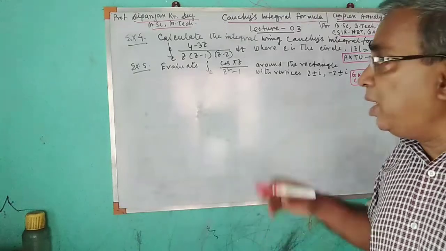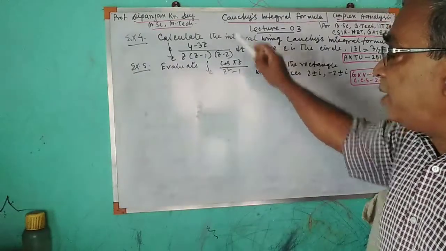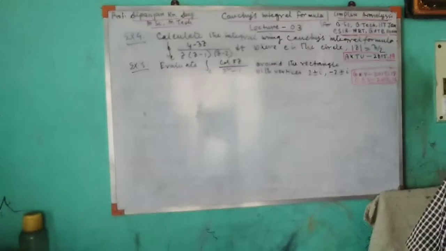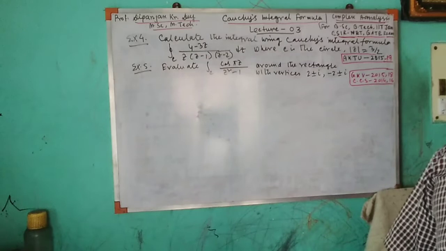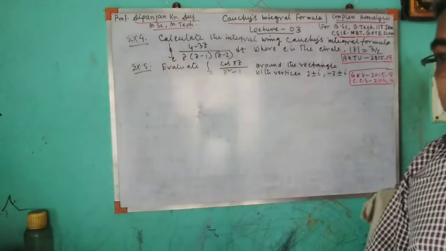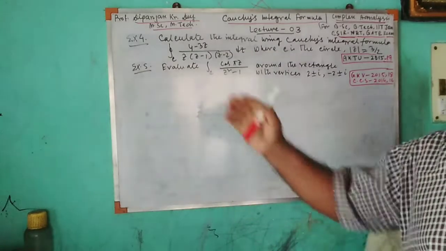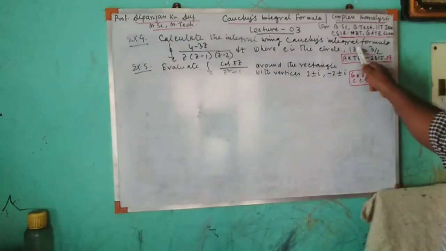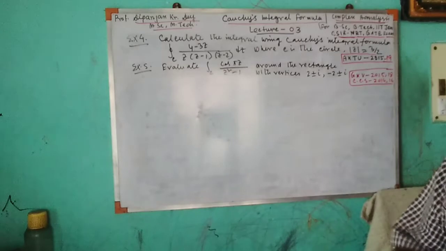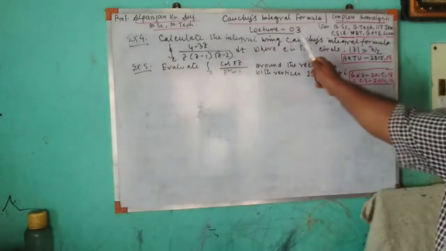In example 4, this is quite different: all singular points will not lie inside the circle. Some of them are outside the circle, that is mod z equal to 3 by 2. This is the difference. This is a very important sum.